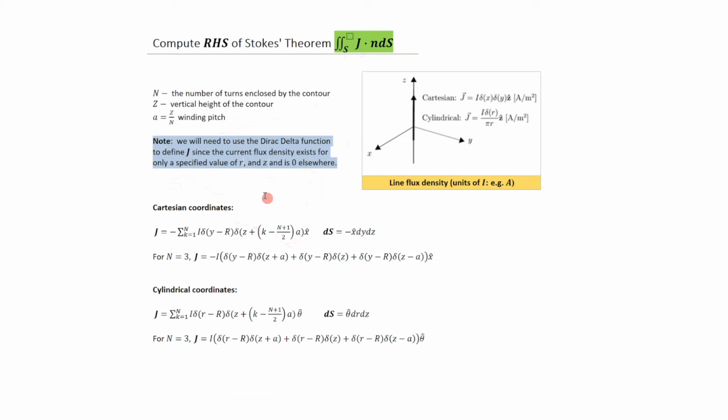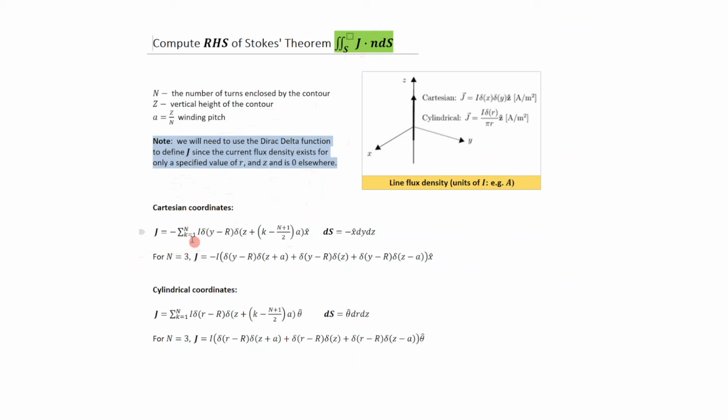So for the case of J in Cartesian coordinates, you'll notice from the earlier picture that we had enclosed 3 windings. And so N basically will be an index that runs from 1 to 3. But if we had chosen the contour to include more windings, then N would just run to a higher level.